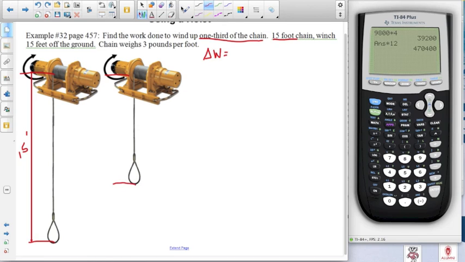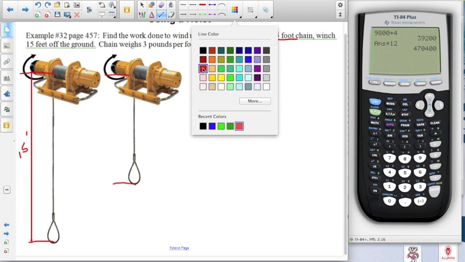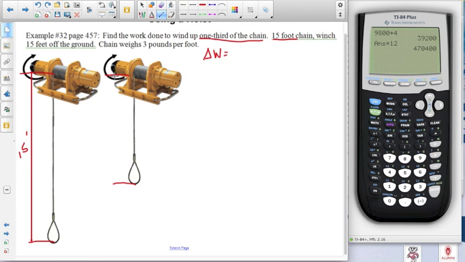That makes sense. So what we're really looking at, like I said, is a combination of constant and variable work. This 10 feet of chain is literally this bottom section just lifted vertically.